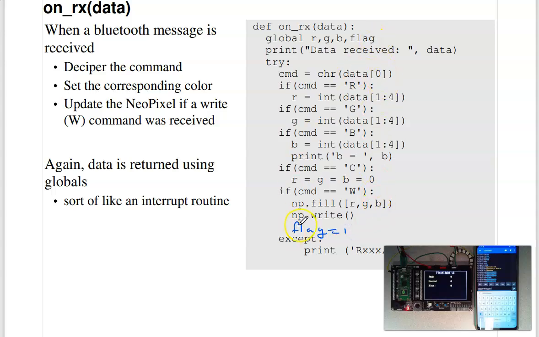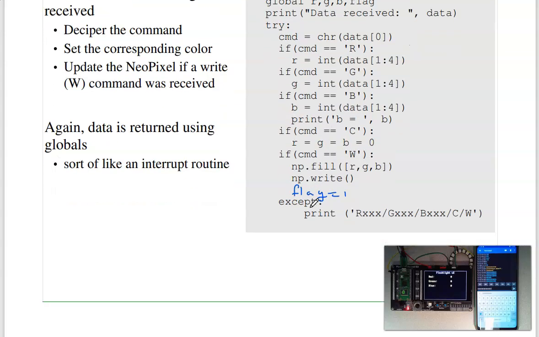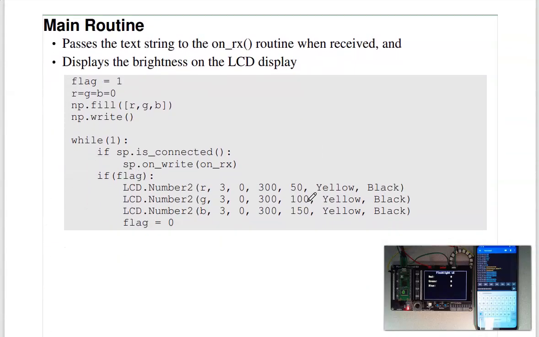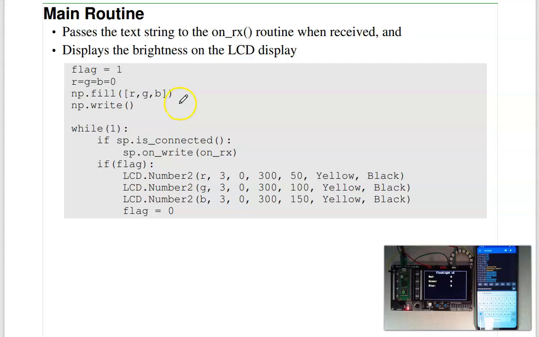And all these are passed as global variables. In the main routine then, I'll just turn on the serial port interface. If I receive data, ship it to the on Bluetooth receive routine. If the flag is set, then update the display.